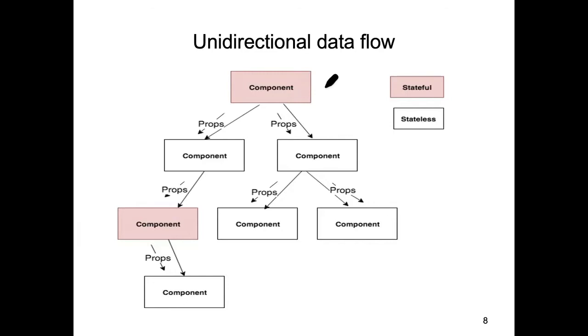The vast majority are stateless. That's the way things transpire. And that's something that we should aim for as well. We don't want too many stateful components because then there's potentially too much dynamics going on in our app. But it falls out that way anyway. So in my case, 2 components are stateful and the rest are stateless.